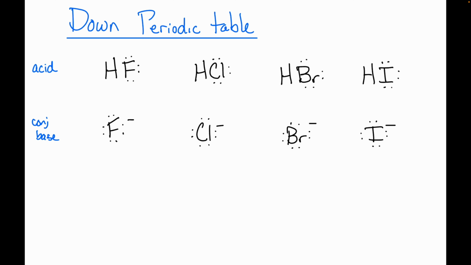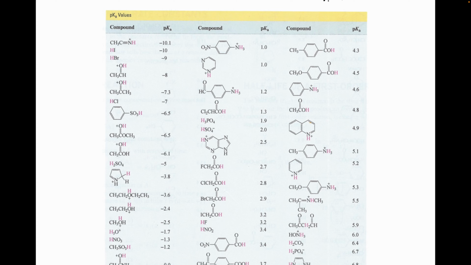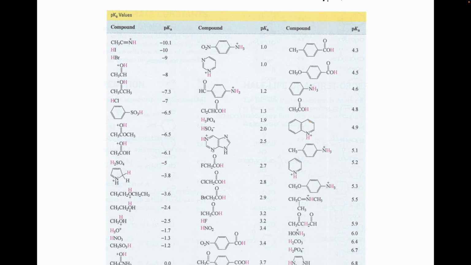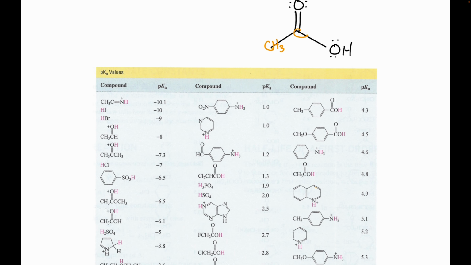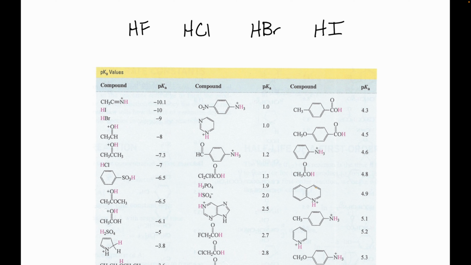All right, and for this one, we're going to cheat. We're going to go to our quantitative cheat sheet here, and we're going to see if we can find the trend of what our strongest versus weakest is. Which one's our strongest one up here?